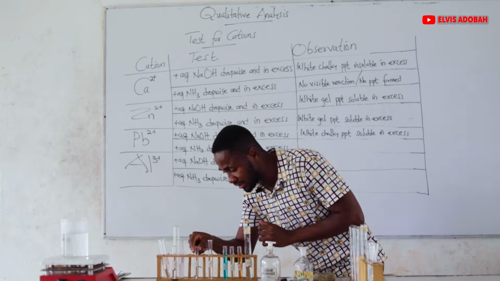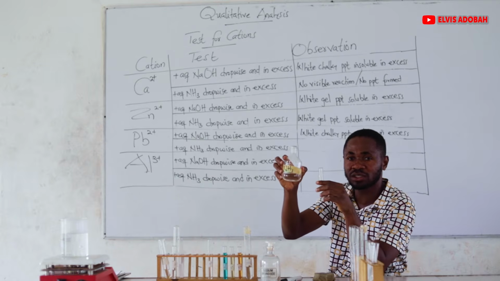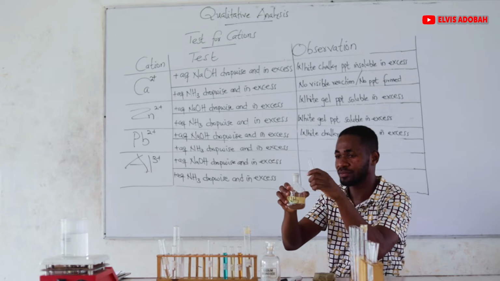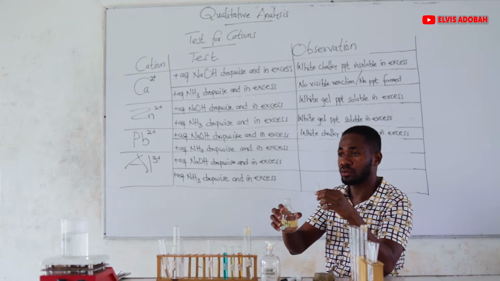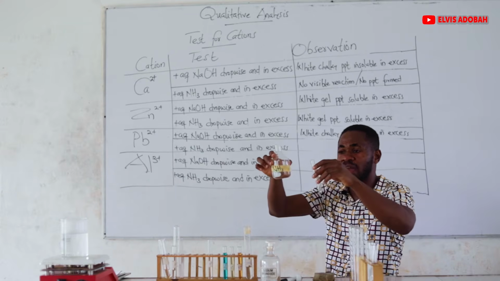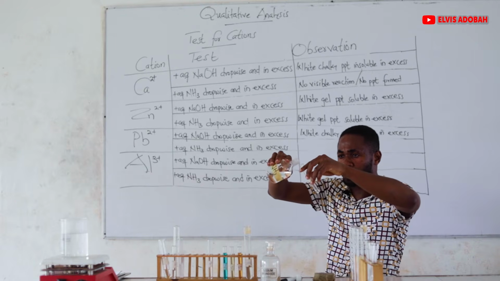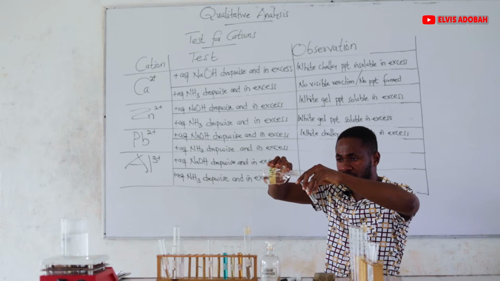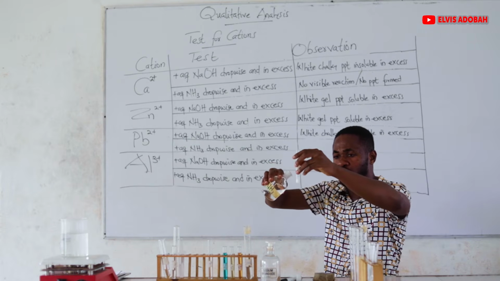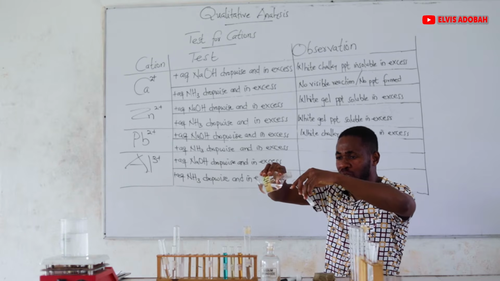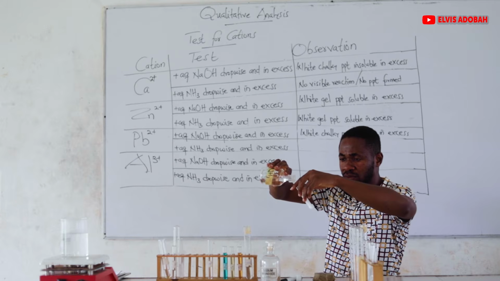We repeat this test, but this time with aqueous ammonia. So we add our aqueous ammonia to our Pb2+ sample dropwise. We are forming a white chalky precipitate. Let's add it in excess to see whether the precipitate will dissolve or not.